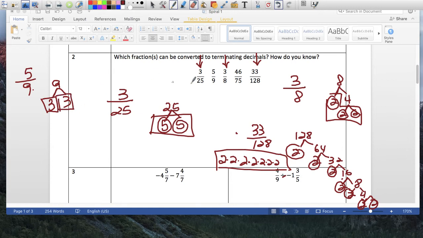So if the denominator, when broken up into its primes, is made up of 2s and 5s only, all 2s, all 5s, or a combination of 2s and 5s, then it's going to be a terminating decimal. Any other prime number like 3, 7, 11, 19, etc., you're going to get a decimal that goes on forever and ever.